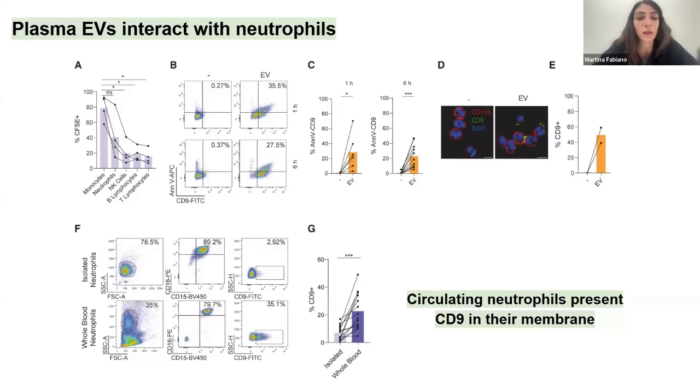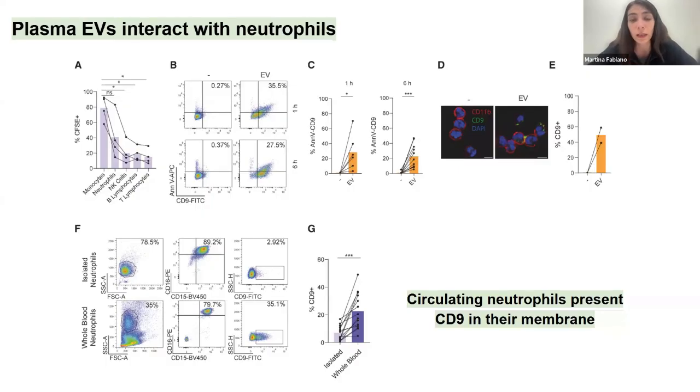And what we saw was something already reported in the literature, that monocytes interact a lot with plasma extracellular vesicles, as well as macrophages. But something that was not already reported, neutrophils were the second most abundant cells to interact with plasma extracellular vesicles, even more than any lymphocyte or natural killer cell.